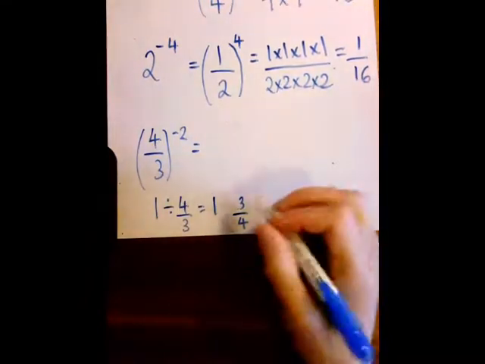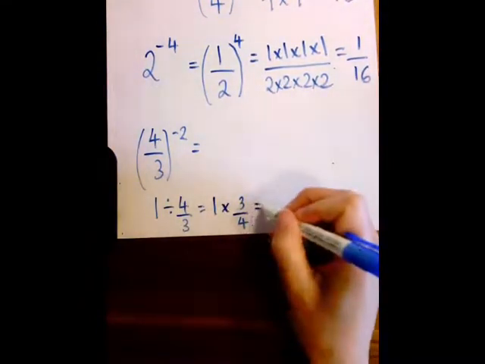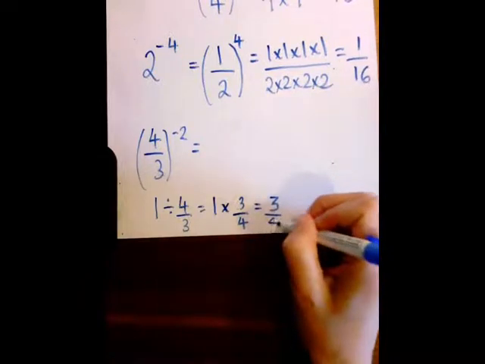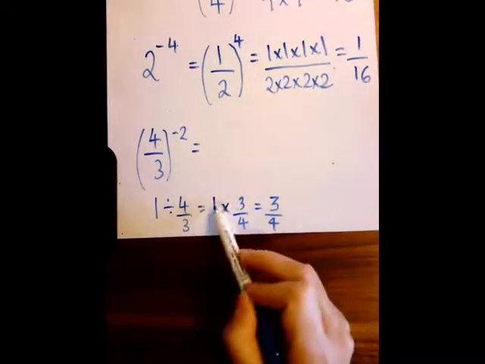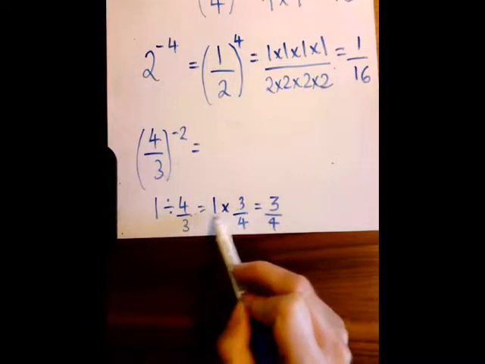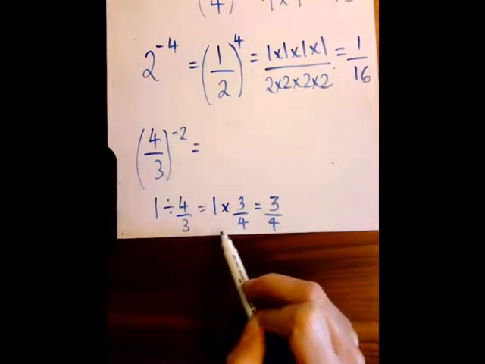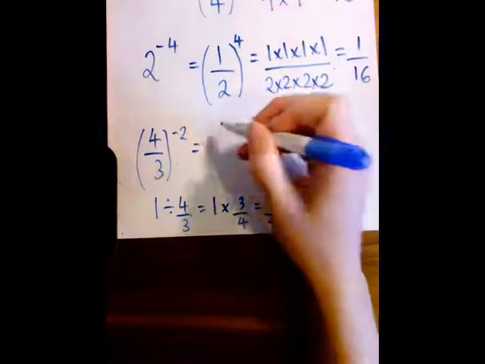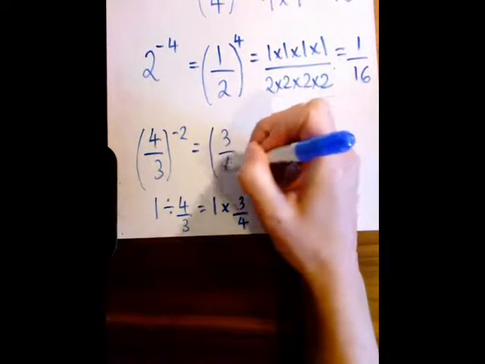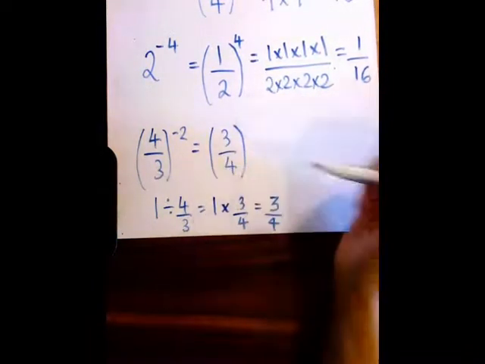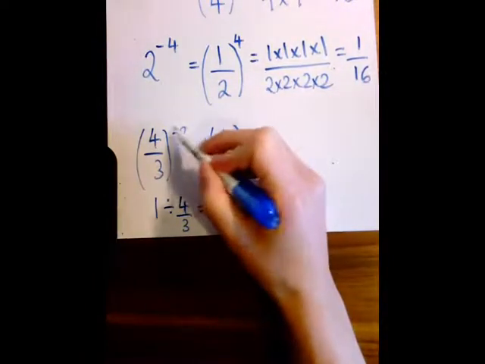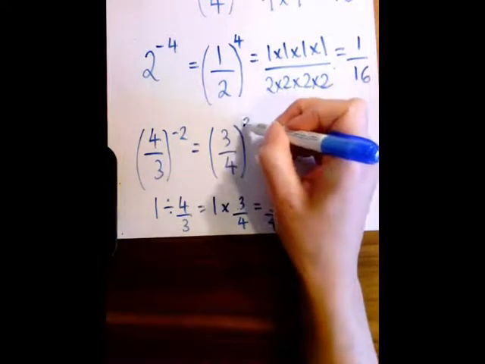So I flipped it over and then we times it. And that would just give me 3/4 because 1 times 3 is 3, and there'd technically be a 1 under there as well. 1 times 4 is 4. So this actually becomes 3/4 reciprocal, and then because it was minus 2, all squared.